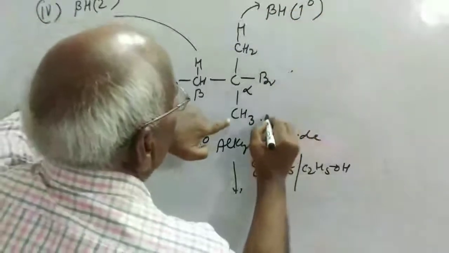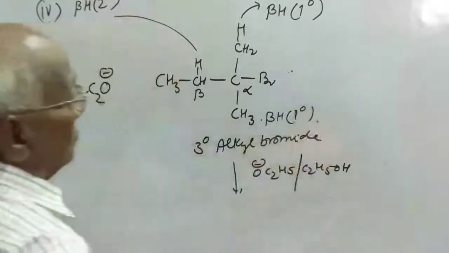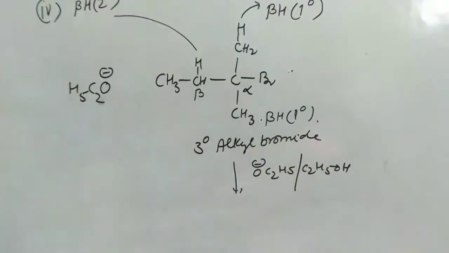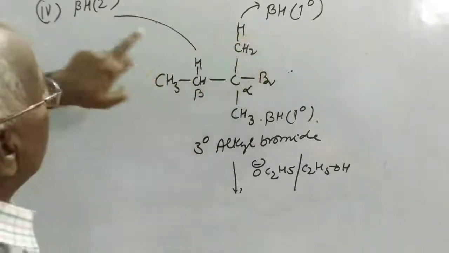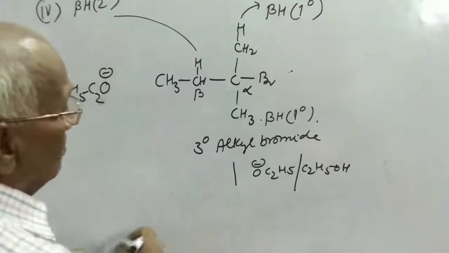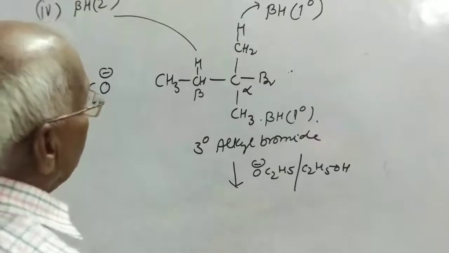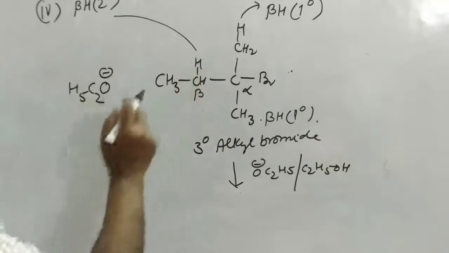Again this beta hydrogen is 1 degree. So in this molecule there are two types of beta hydrogens, 1 degree hydrogen and 2 degree hydrogen. So as a result of dehydrohalogenation, we can show the attack of the base on both of these positions.